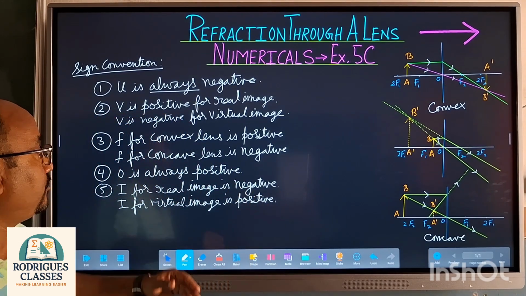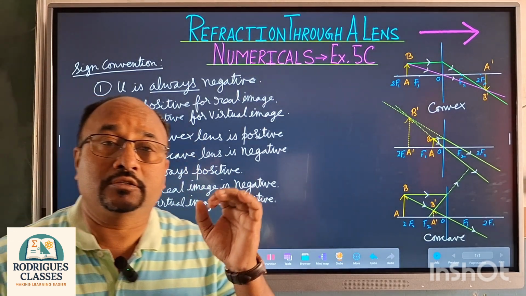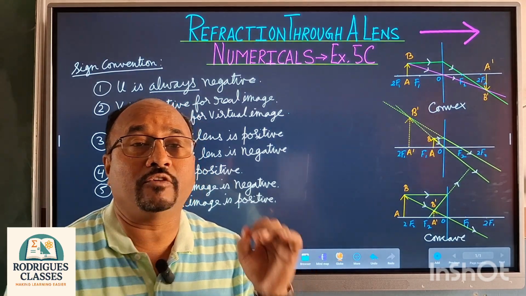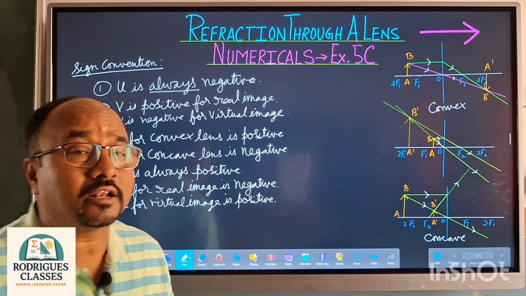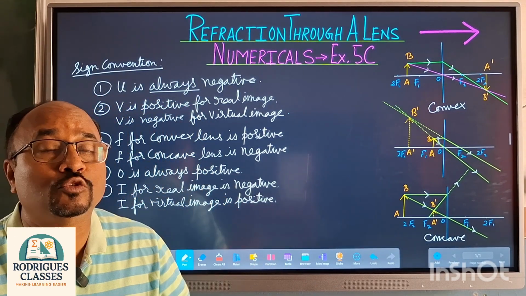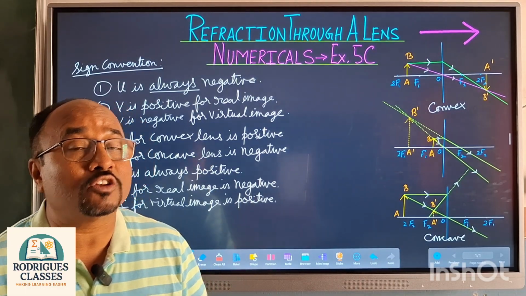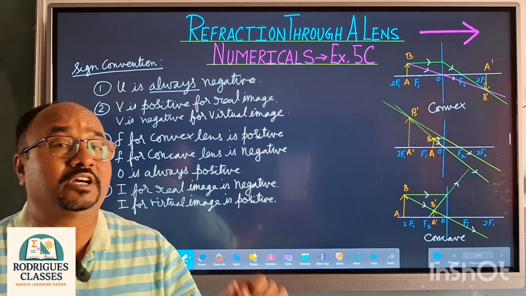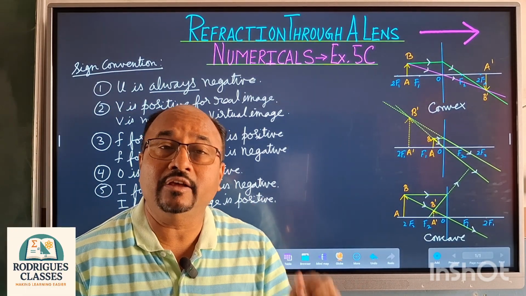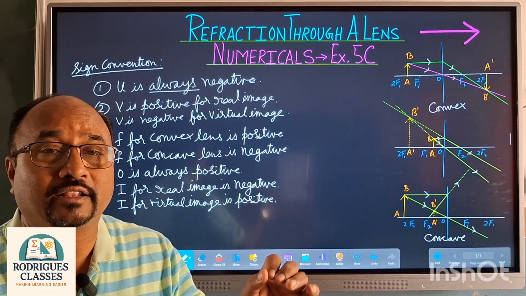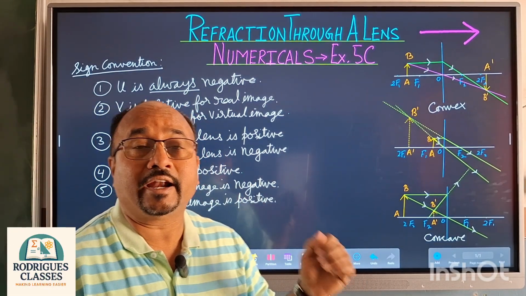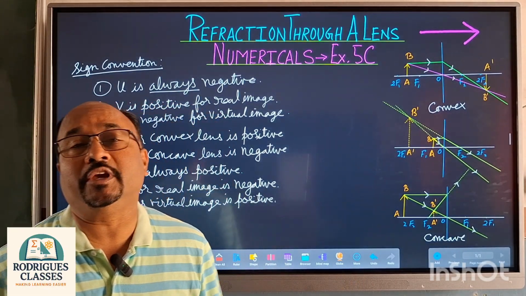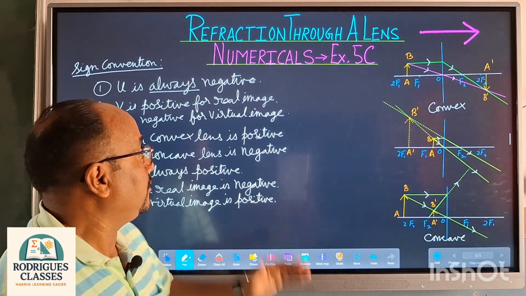Okay, so we have seen all the signs which will be required for working out the numericals. Again, I repeat, just taking the values given in the numericals is not enough. You have to put a sign. It will have a plus sign or a minus sign. Read the question, understand it, and put the sign, and then it will just be a simplification sum.